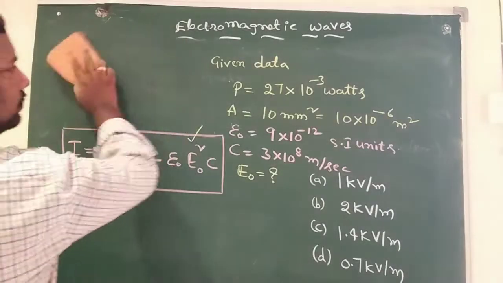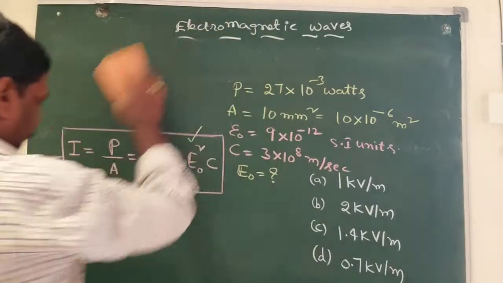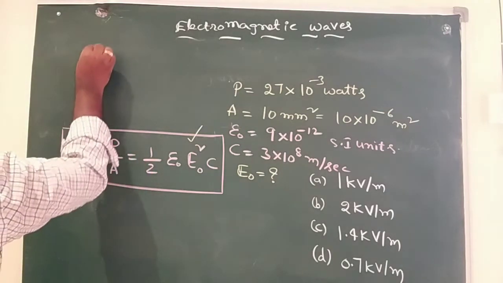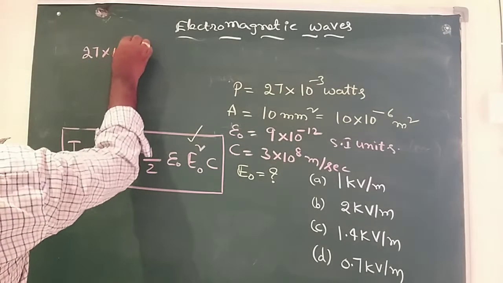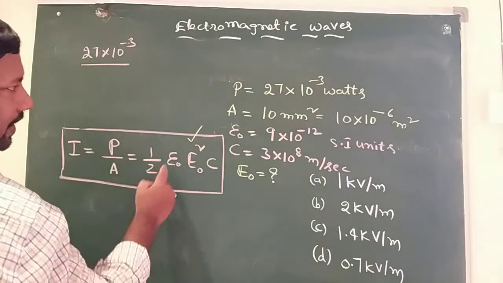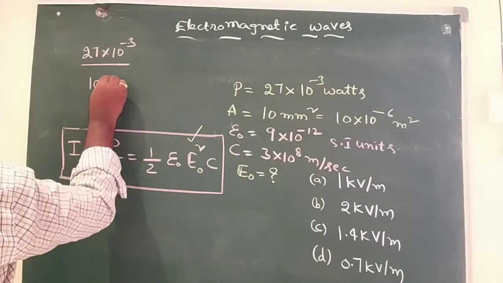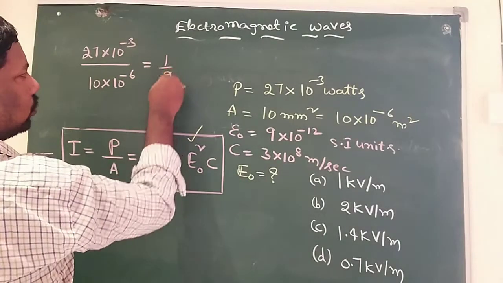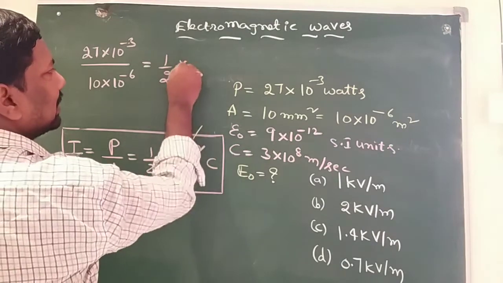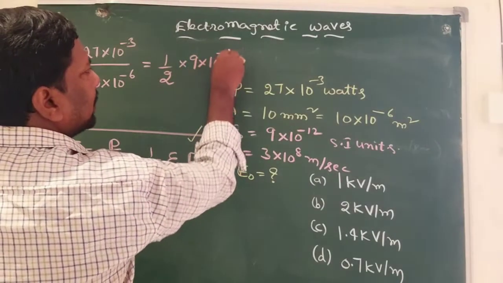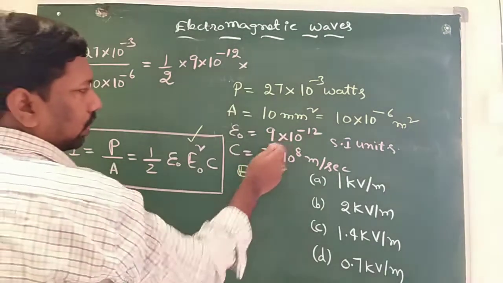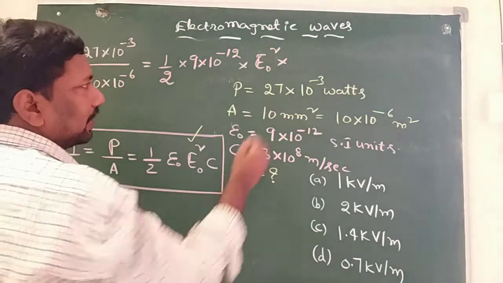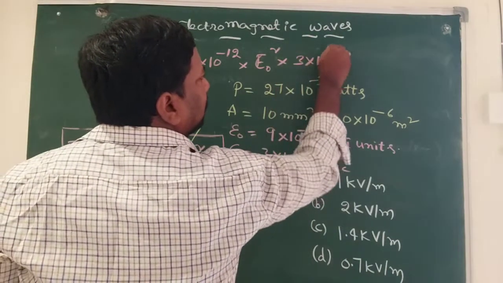Therefore, P is 27 into 10 power minus 3 by A, which is 10 into 10 power minus 6, equal to 1 by 2 into epsilon naught, which is 9 into 10 power minus 12, into E naught square into C, 3 into 10 power 8.